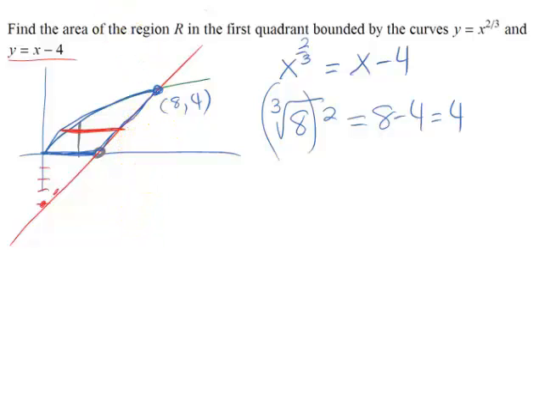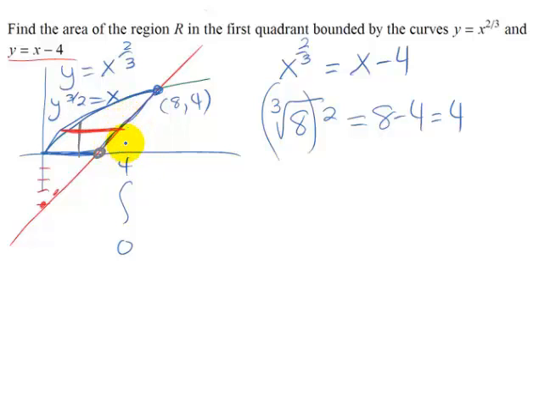So if we did that, we would have the integral from, we would need to see what y would go between, and that would range from 0 to 4. And then our upper function, we would need to express that as x being a function of y. So right now we have y equals x to the 2/3, so that would mean y to the 3/2 would equal x.